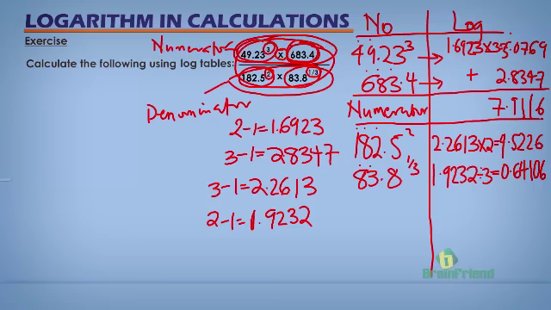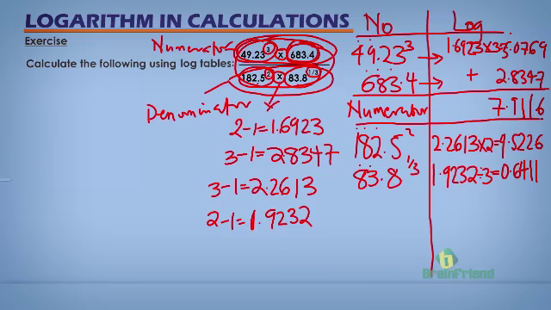To approximate this value, we would have 0.6411 instead. So we'll leave our value as 0.6411.